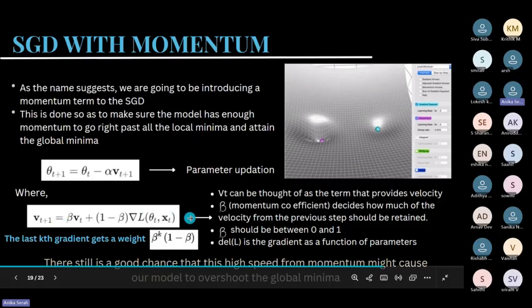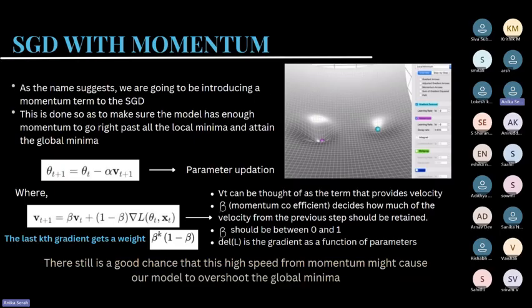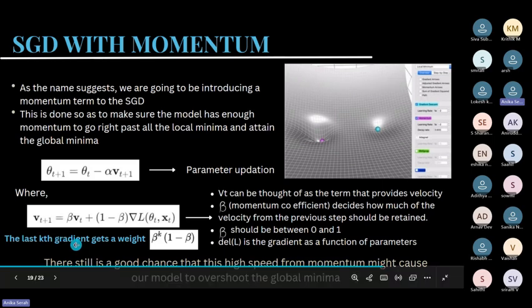And if you actually look at this, you have a bunch of gradients from the start to a point, right? The last kth gradient, at the last kth time step, will get a weight of beta power k into 1 minus beta. If you keep substituting t minus 1, t minus 2 into this VT, you will understand that it will be beta power k into 1 minus beta.